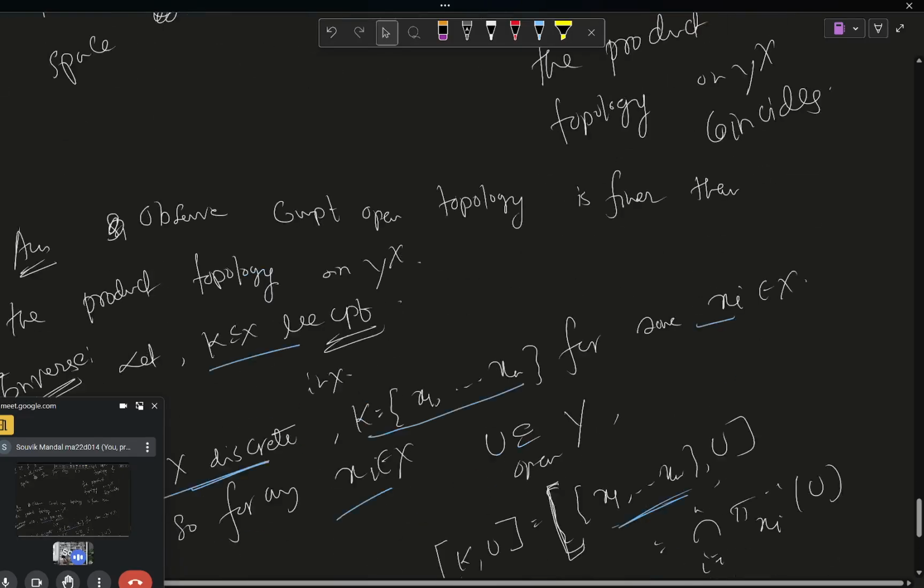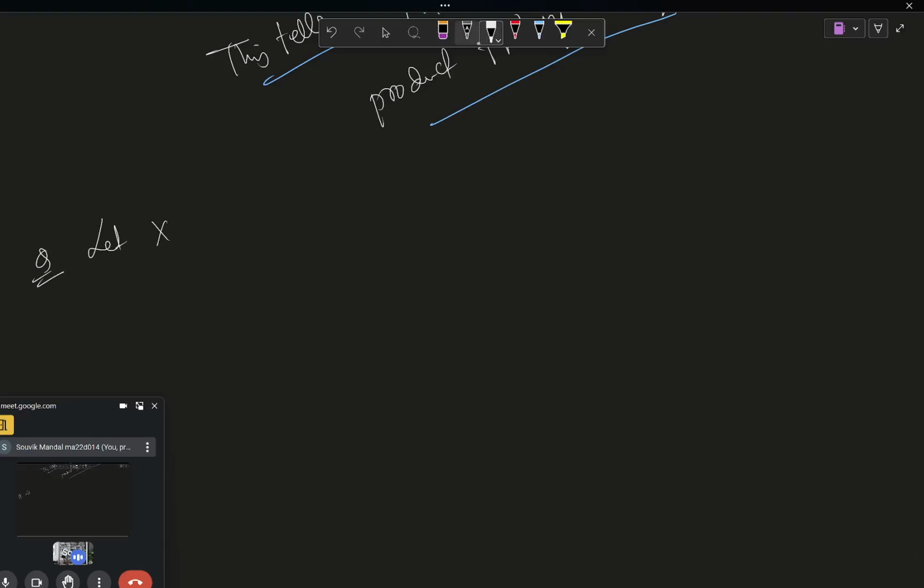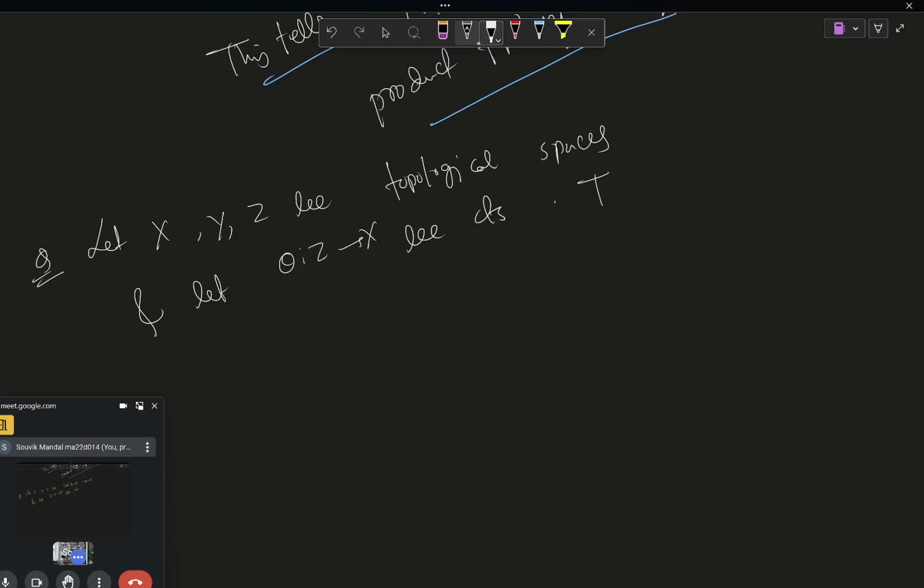So now let's go to the last problem. Let X, Y, Z be topological spaces and let theta from Z to X be continuous.